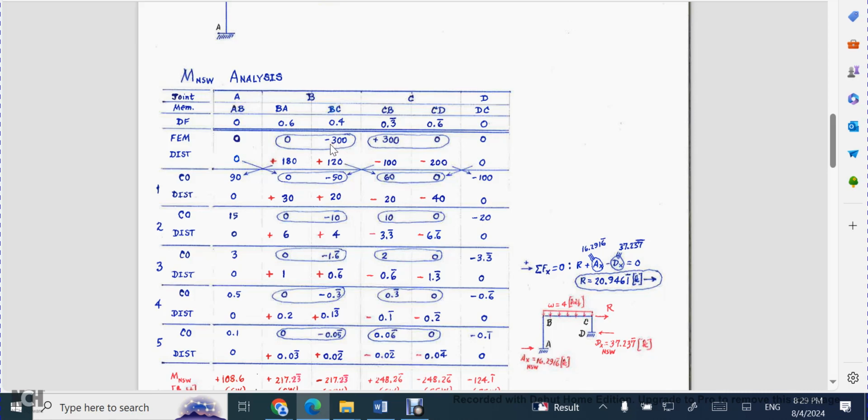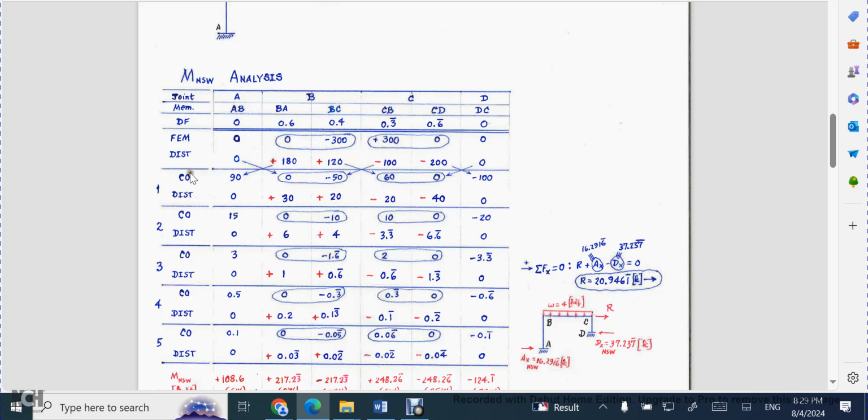So that's a positive 300. And then I'm going to distribute that in accordance to these values. So 6/10 of 300 positive gives me that 180, as you can see. And I put it in red as a positive, so it really stands out. And then 4/10 of positive 300 is going to be that 120. And you do that all throughout.